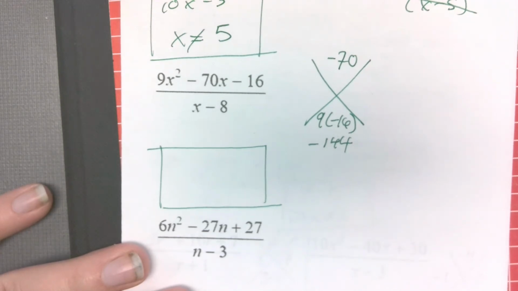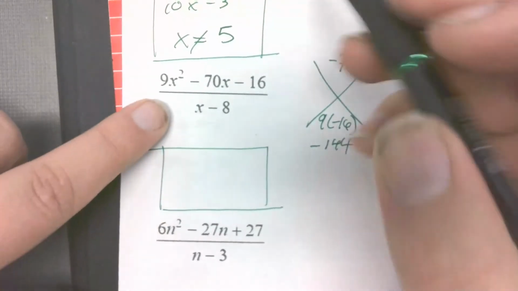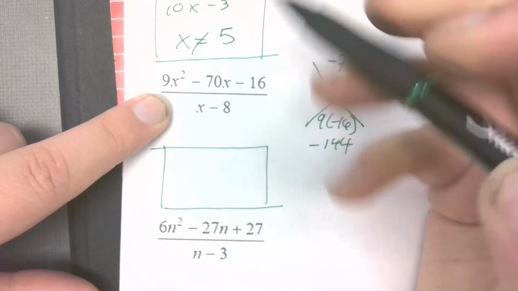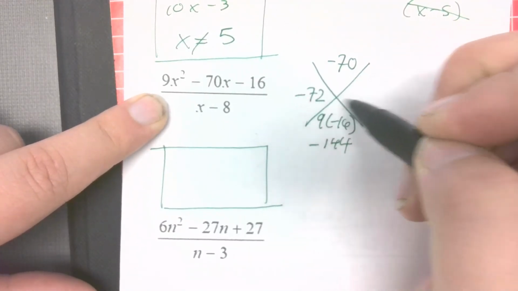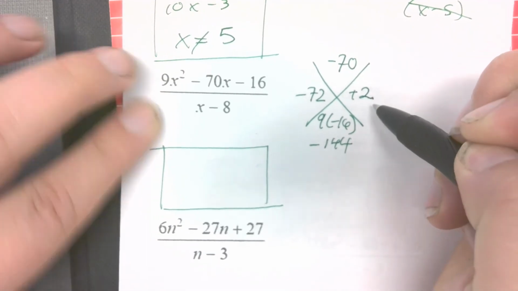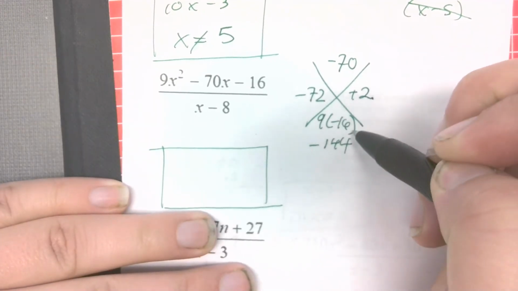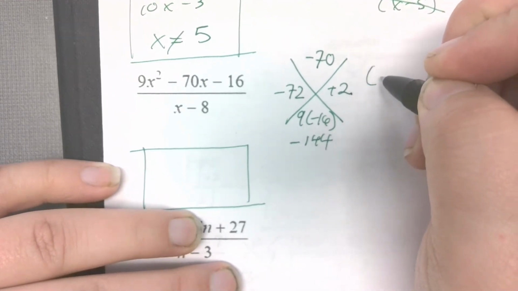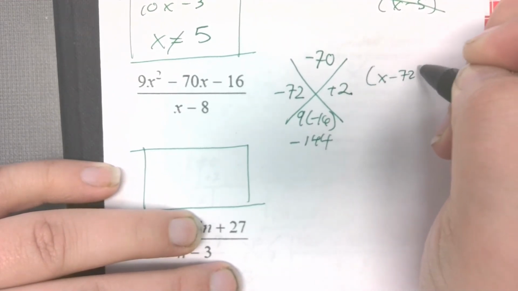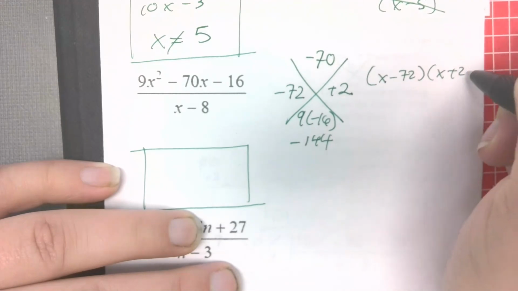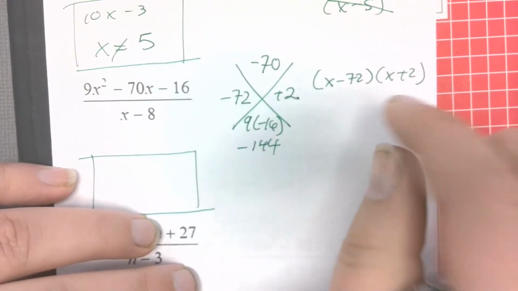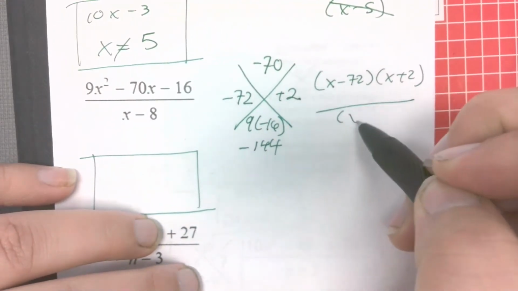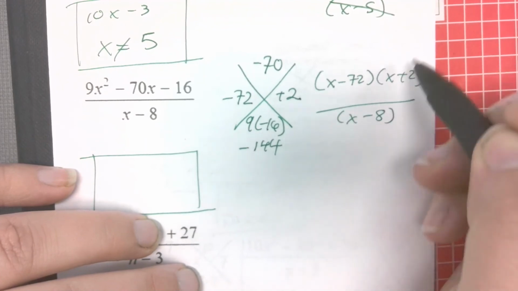My, there we go. Okay, so I did my little secret trick of 9 times negative 8 to do negative 72. So I knew that that was going to be needing to be 2. These multiply to negative 144. They add to negative 70. We're good to go. So then I have x minus 72, x plus 2. Now to be honest with you, the first time I did this, I forgot and I had x minus 8 and I was like, nothing crosses out.